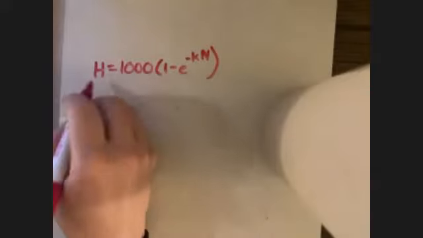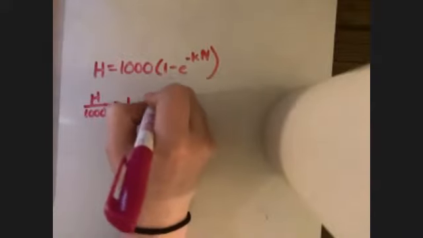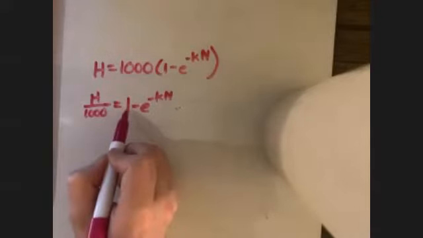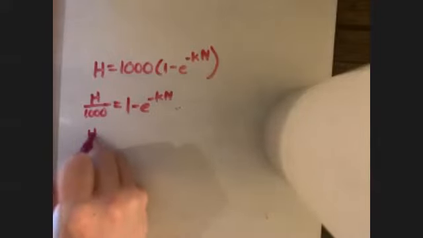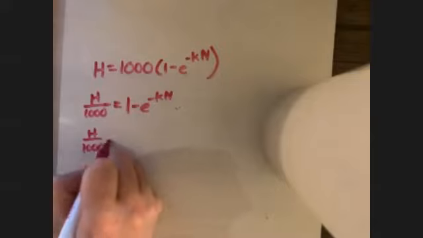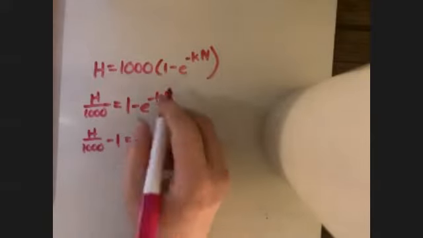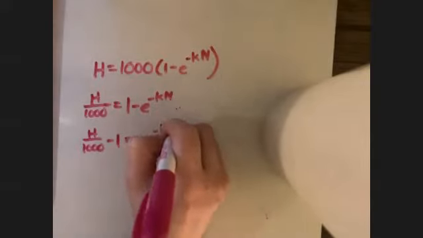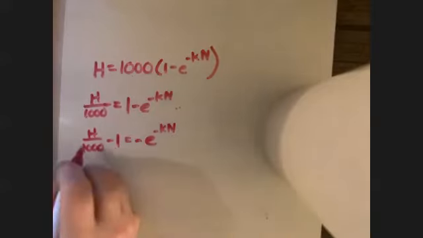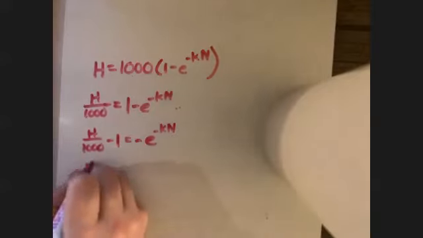Now, first thing I'm going to do is divide off the 1,000 from the front end. Then I'm going to subtract the 1. And I'm going to divide by -1. So that's basically just switch everything.